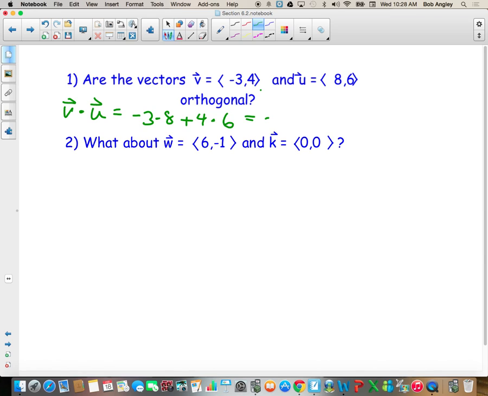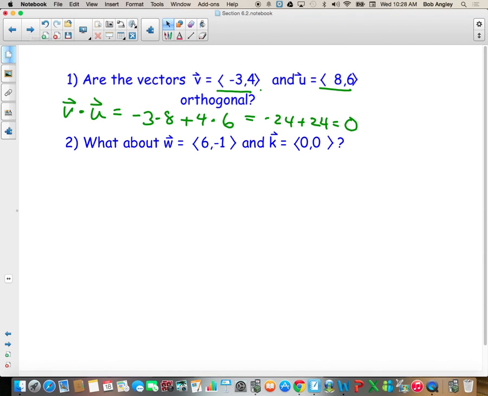And so we get -24 plus 24, which is 0. Now, because that's 0, it tells me if I do this on graph paper, that angle should be a right angle. Because remember, the cosine at 90 degrees is 0. And so that's what's got to be happening here.